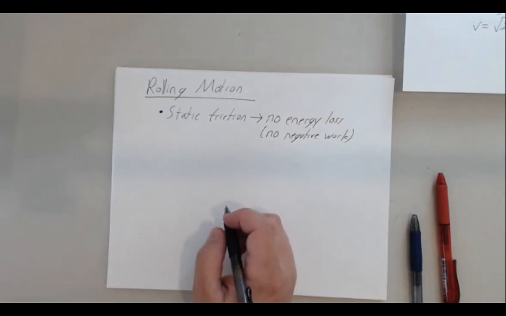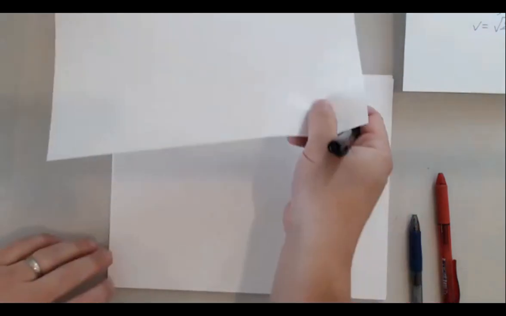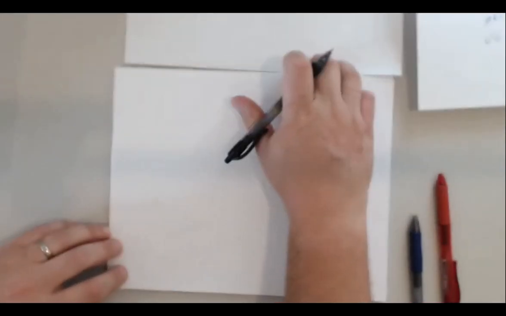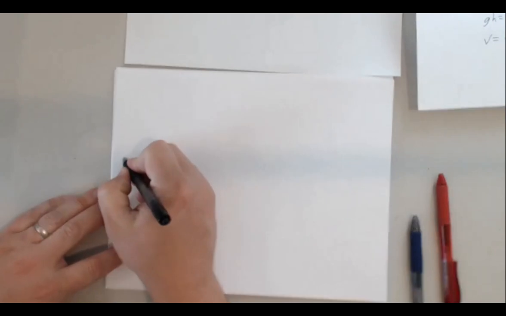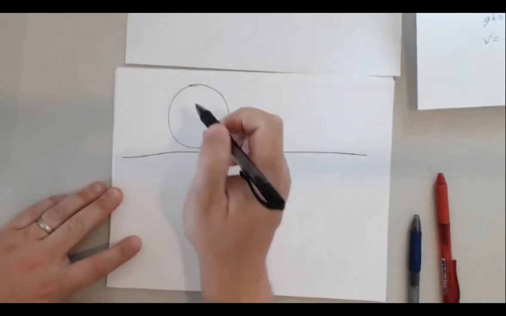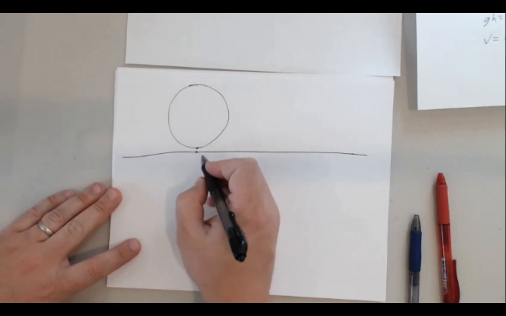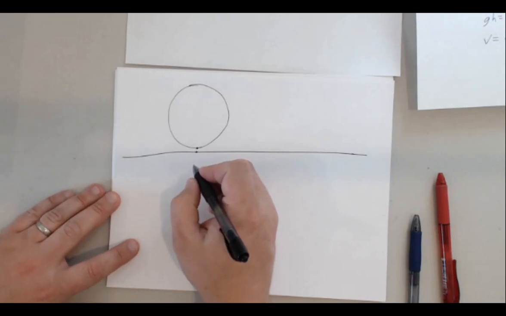Let's talk about another one. We'll come back to this paper because there are more things we want to note about rolling motion. We've talked about this before, but if I have an object and it's rolling, the velocity at the point where it touches the ground has to be 0, because that's what rolling motion means.